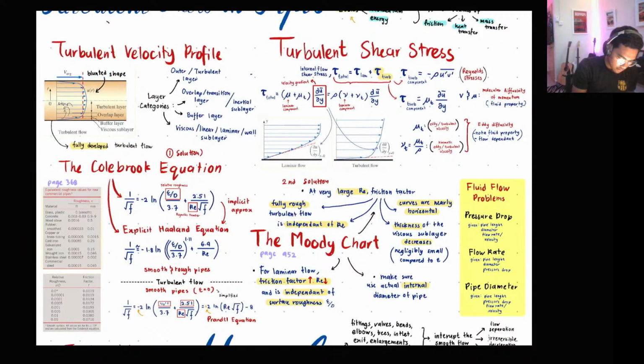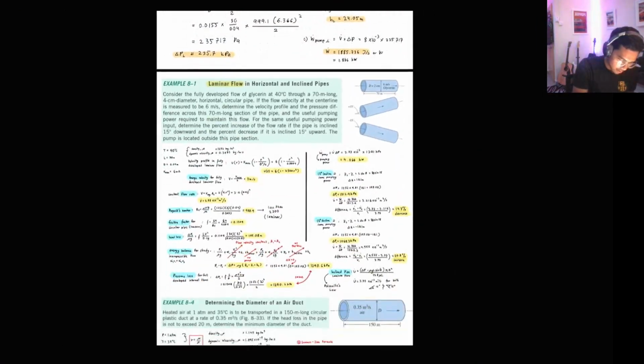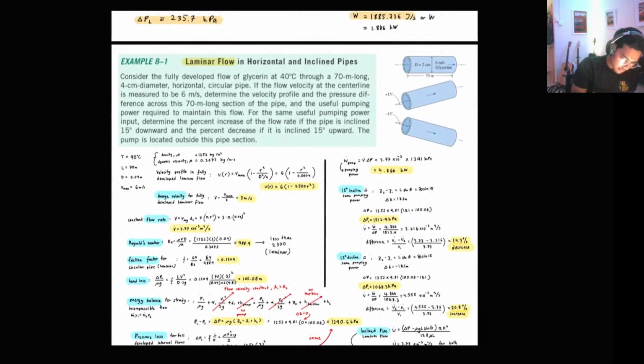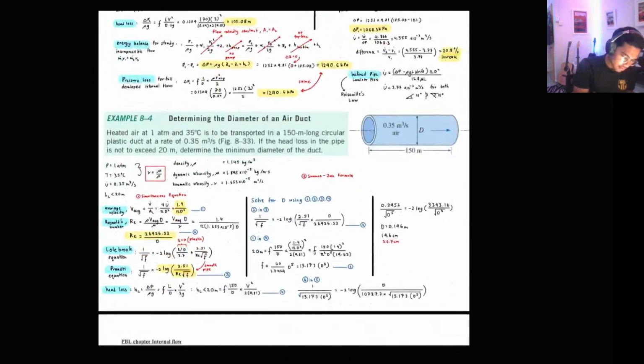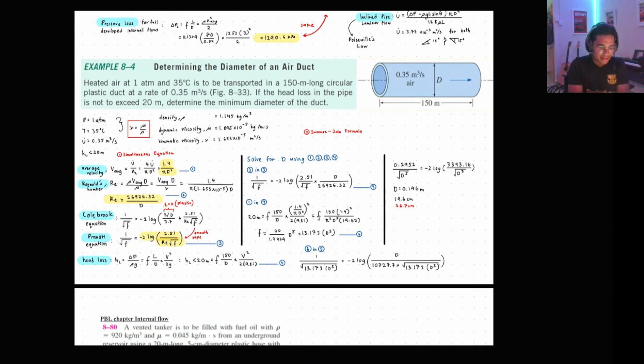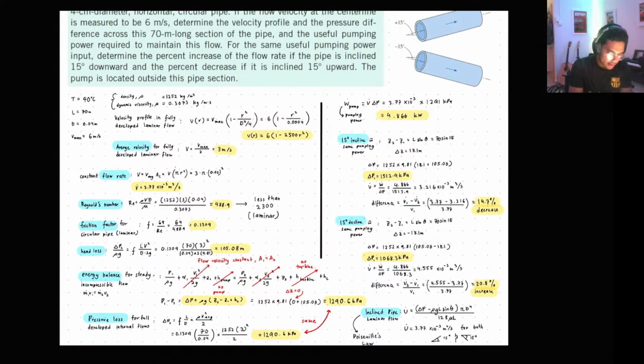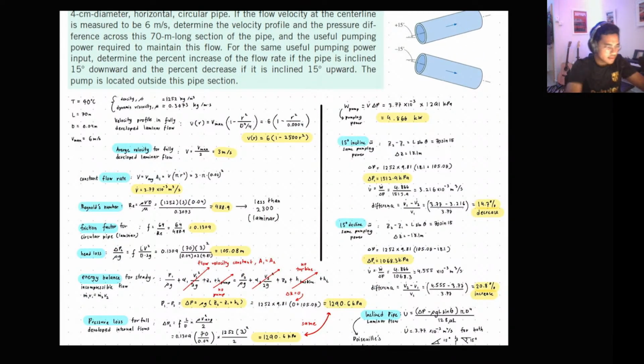Okay, so you can also do some tutorial. Laminar flow, diameter. Alright, welcome back guys. Do you want to do this or take a break?